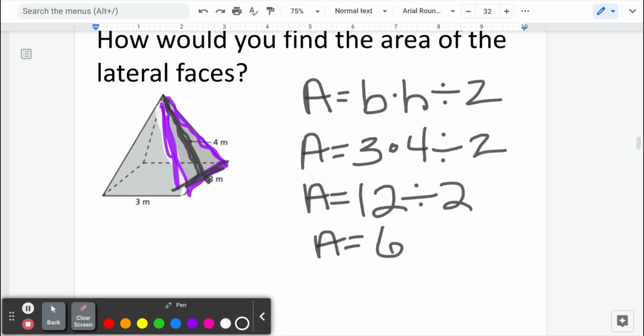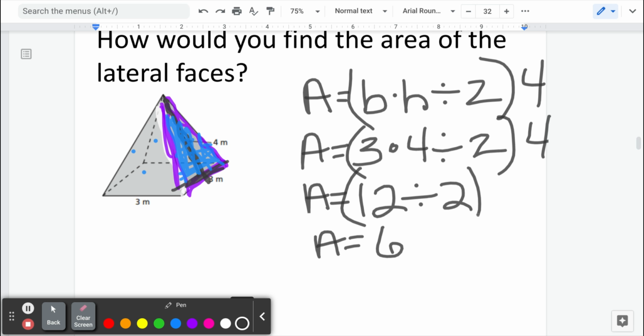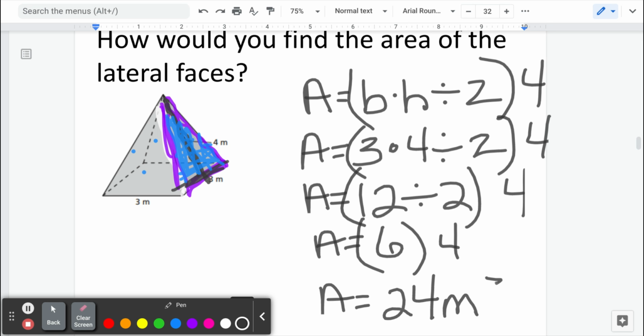However, that is for one triangle. I have a total of 4 triangles. So really what I would need to do is take my answer and times it by 4. So really my answer here would be 24 meters squared. Would there be a quicker way?